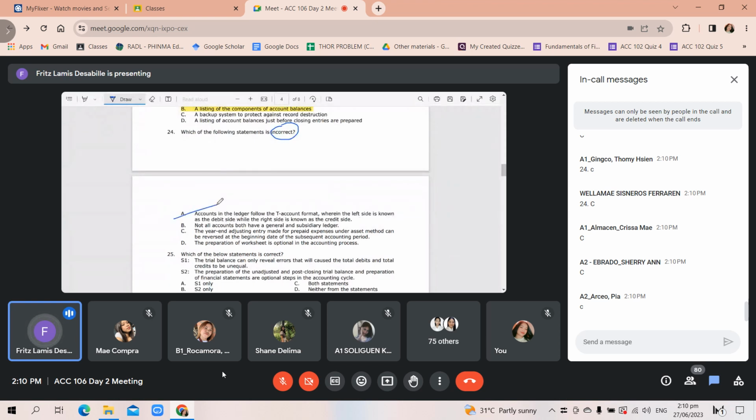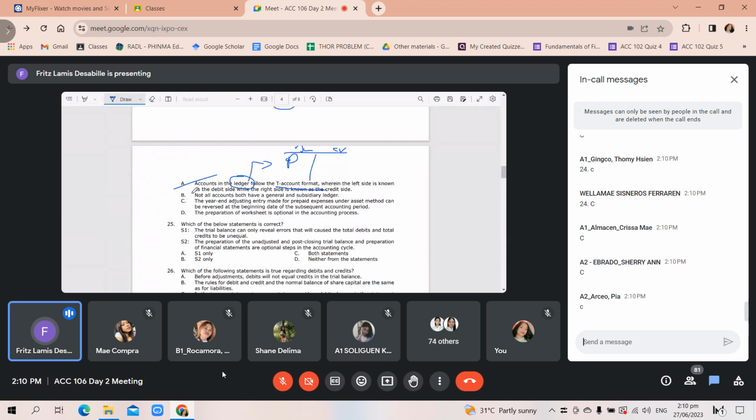So, this is correct, right? The ledger can be expressed in terms of a T account. So, the left side here is the debit, DR, and the right side is the credit. Again, ledger can be expressed in the form of a T account.